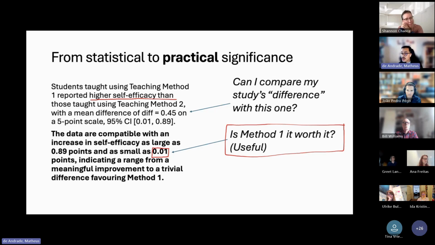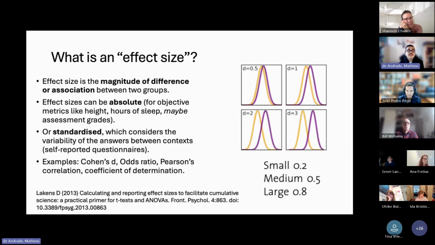So, for us to start comparing implementations, applications, and studies, the important thing is that we start talking about effect sizes. An effect size is the magnitude of the difference or association between two groups.